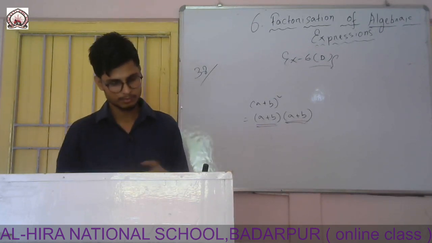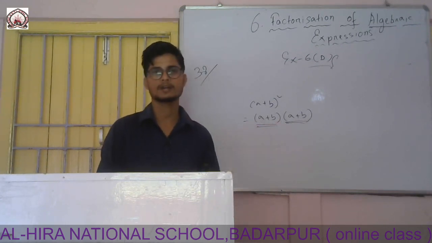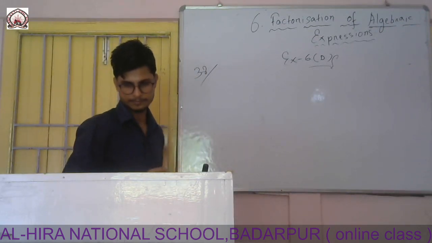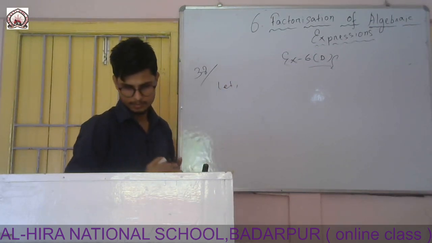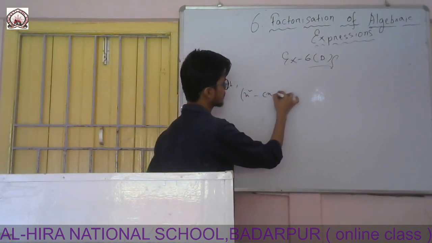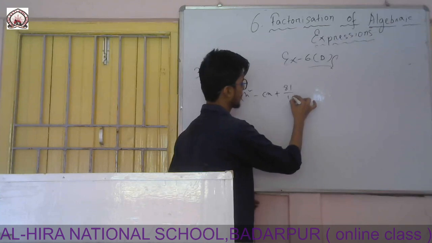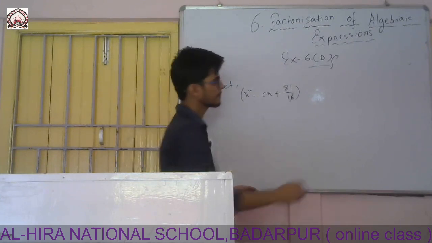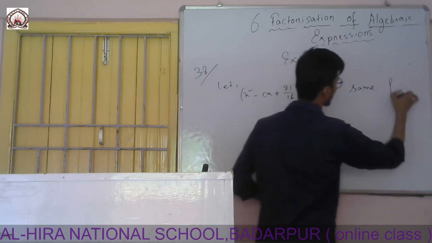So I have to express it in such a way that both the factors become the same. If I convert it into a perfect trinomial square, then only I can show that both the factors are the same. So let this expression, x square minus cx plus 81 by 16, have the same factors.